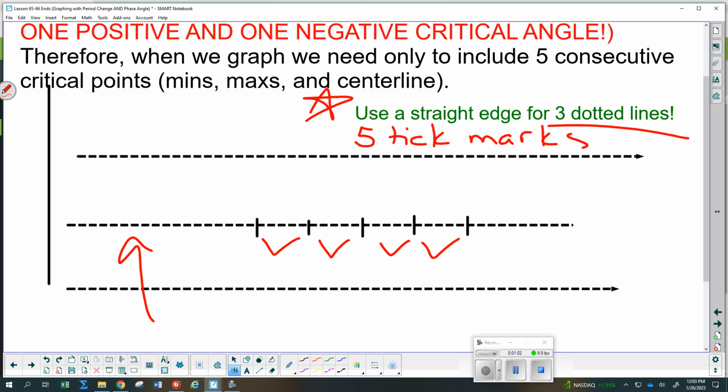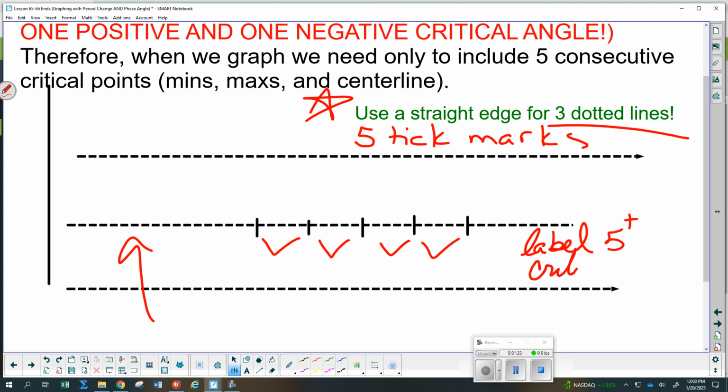Then you are going to identify plus or minus, sine or cosine, and draw the appropriate graph in along those 5 tick marks. Before we are finished, we have to label all 5 of those angles, sometimes more.